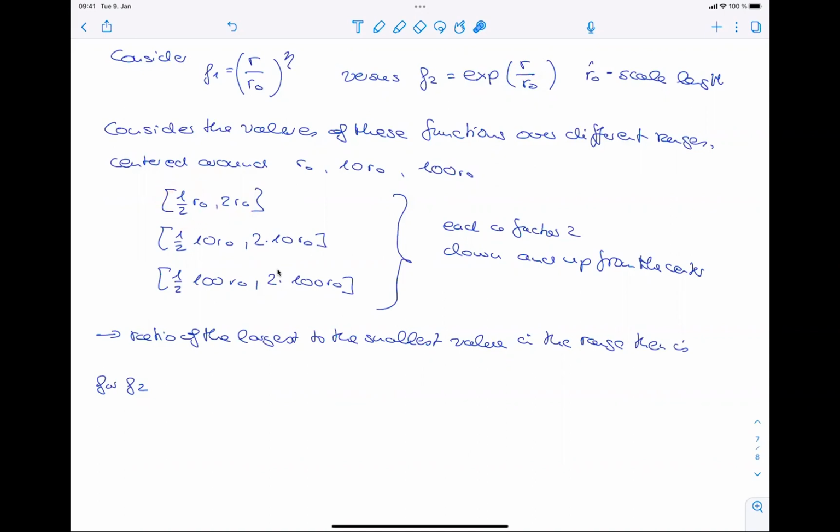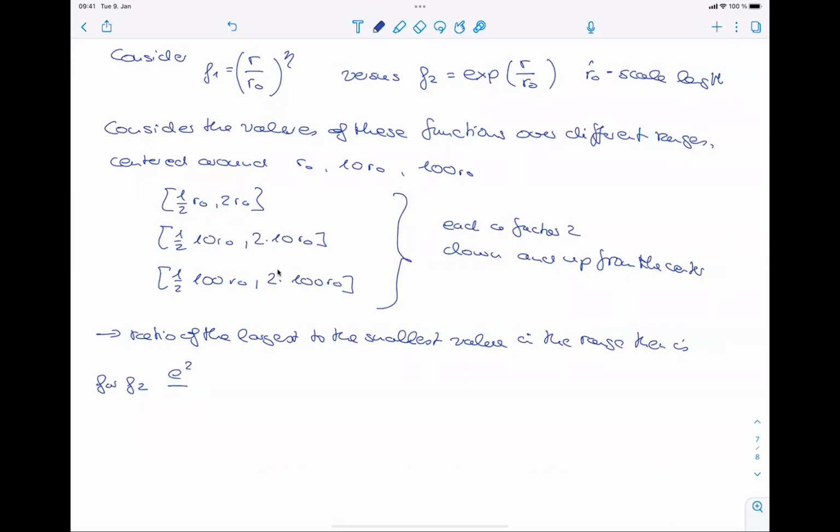So what we have is e to the 2, the upper limit, compared to the lower limit, which is e to a half, which I can evaluate as e to the 2 minus a half, and that's just e to 1.5. And similarly, I can do this for the other 2 ranges.